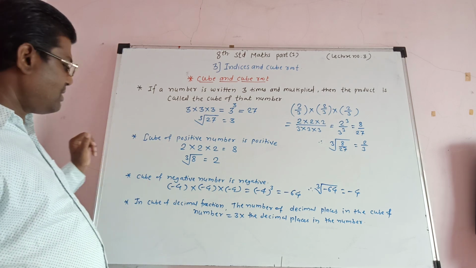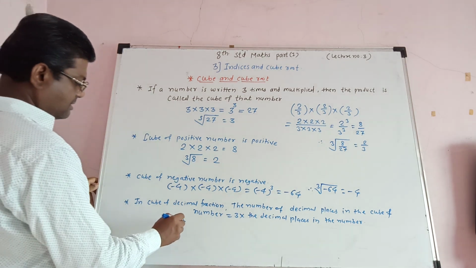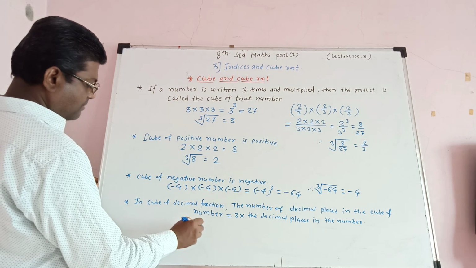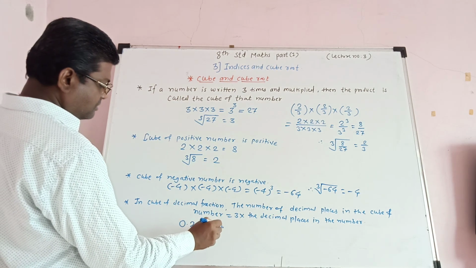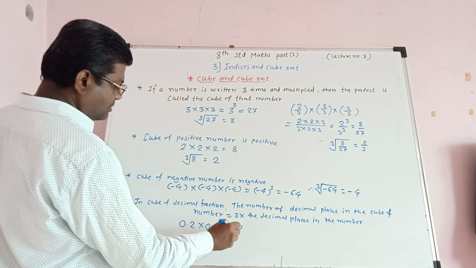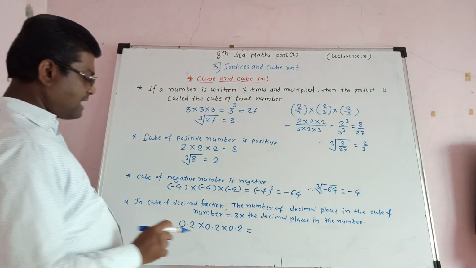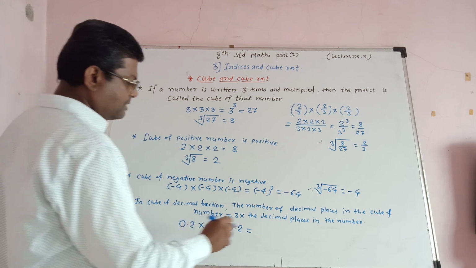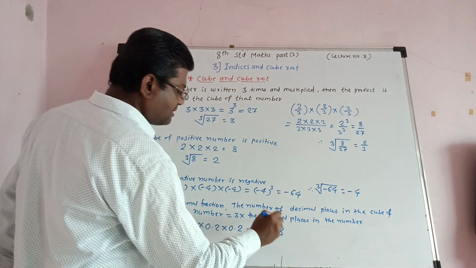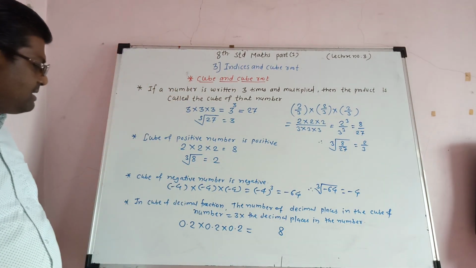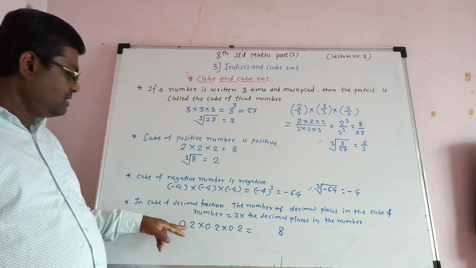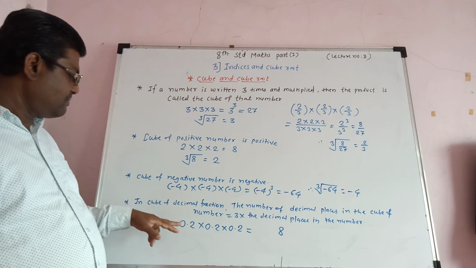Now what about decimal fractions? Suppose we have to find the cube of 0.2. So 0.2 into 0.2 into 0.2. At first write the cube of 2, that is 8. Now count the decimal places in each number.